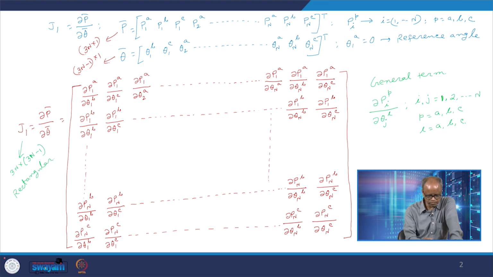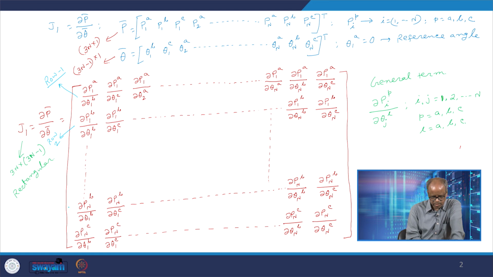So this is the first row, this is the second row, then this is the n minus 1th row, this is the nth row. So I should say that this is row 1. This is row 2 of this matrix.